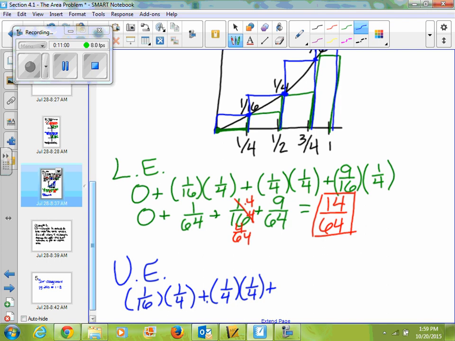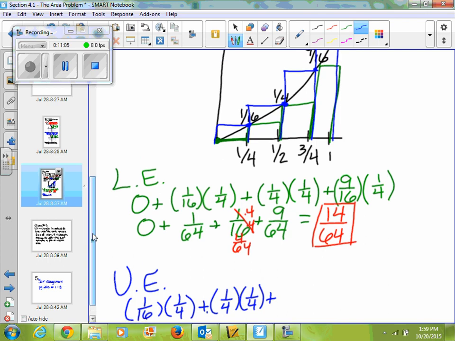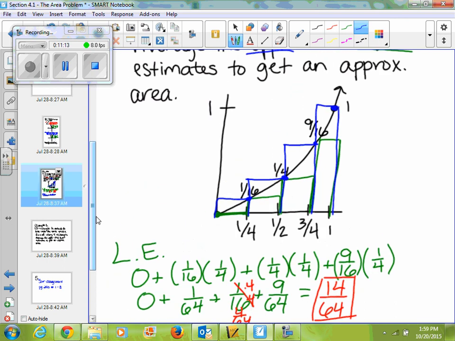My third rectangle, I have a length of 1/4 and a height of 9/16. And for my last rectangle, I have a length of 1/4 and a height of 1.